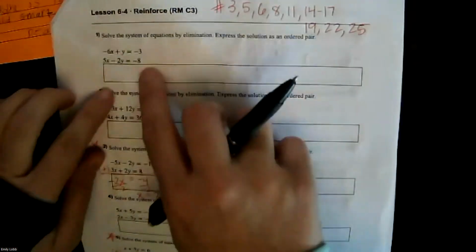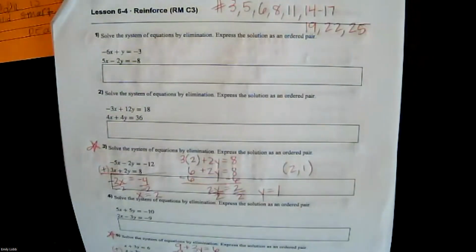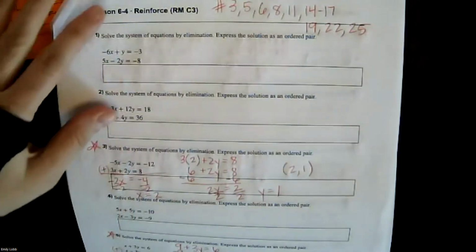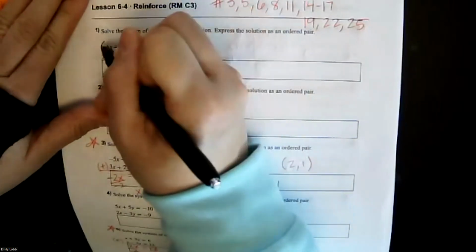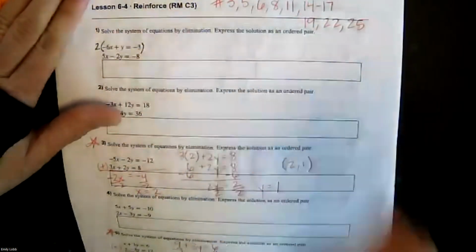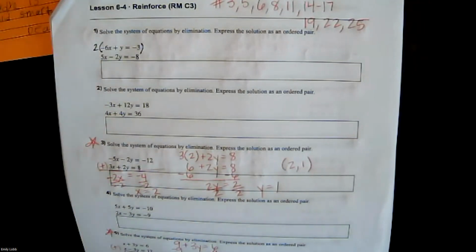That's what we're asking. How can I get this to be a 2y so that it gets canceled out by the negative 2y? I just have to multiply through by a 2, right? So that's what I'm going to do, is distribute a 2 through here.